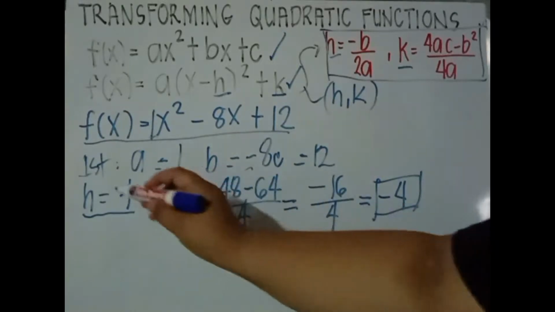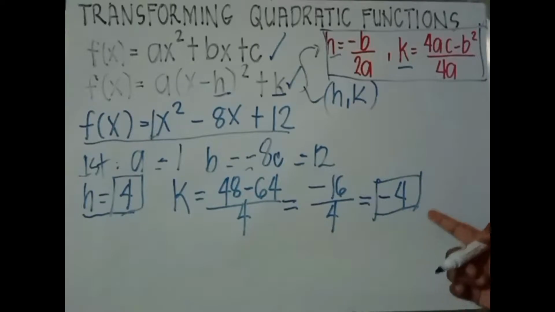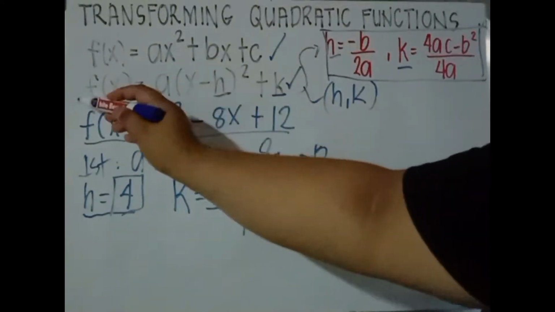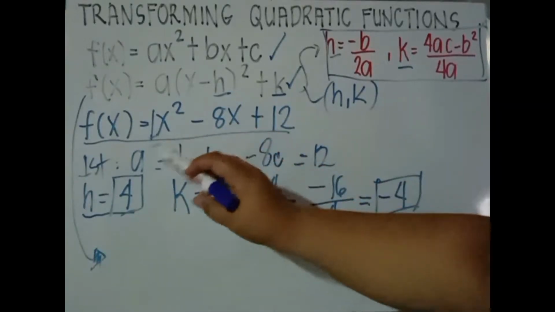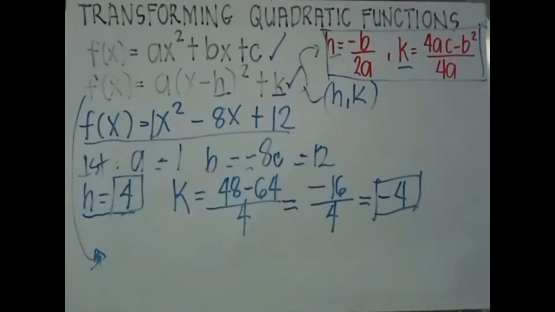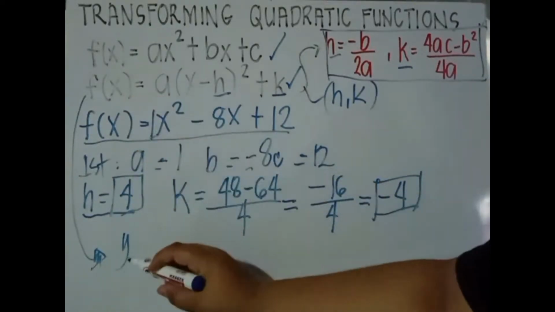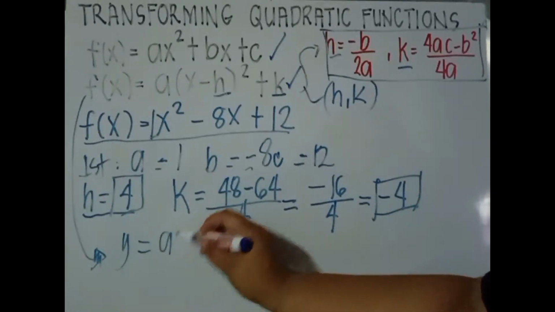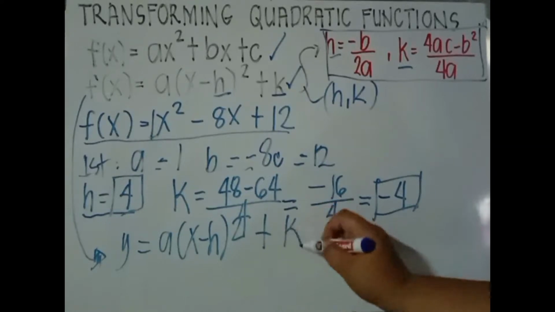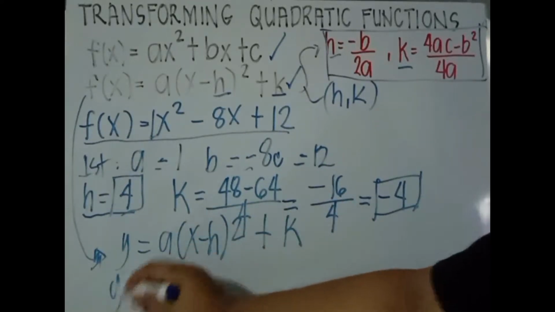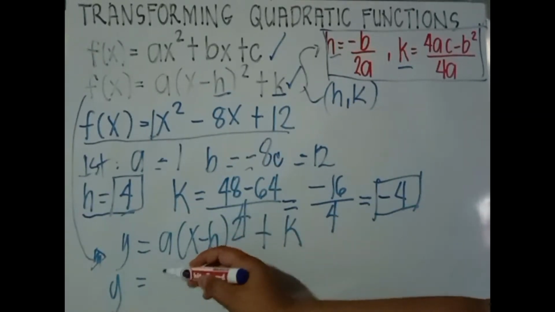Now we have the value of h, which is 4, and the value of k, which is negative 4. We can now use the vertex form in order to transform this equation by substituting. So you have y, f of x is the same as y, which is equal to a times the quantity x minus h squared plus k. The value of your a is 1, so you can just write 1 there or just disregard it.